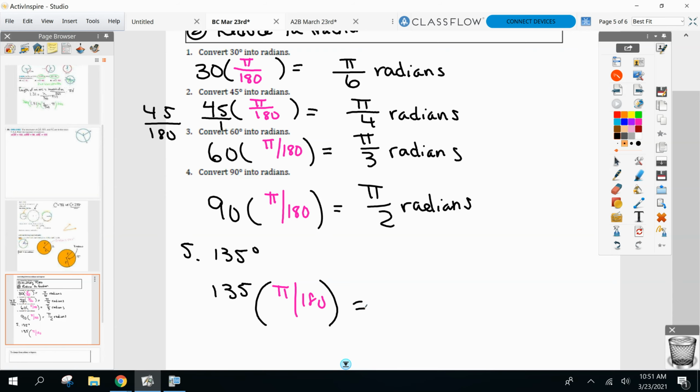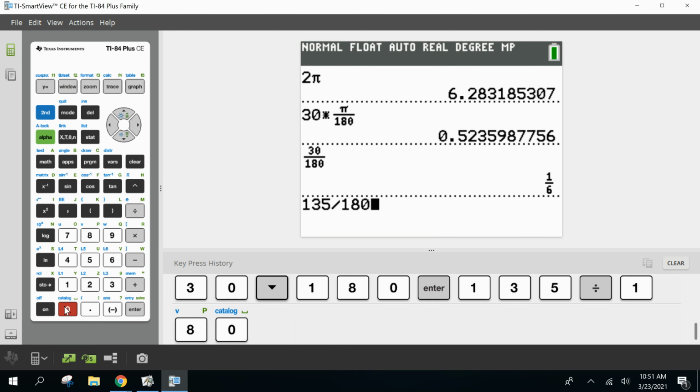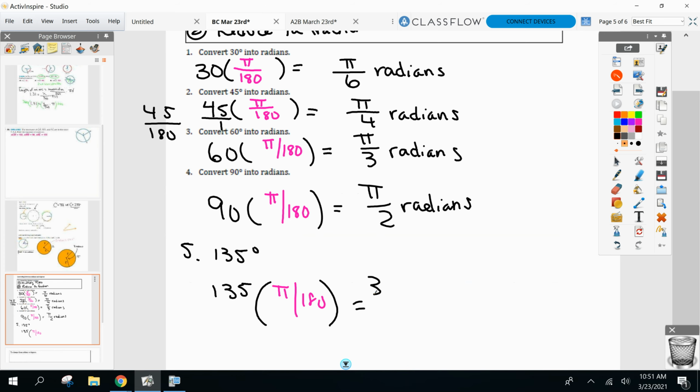And now I go, what's 135 divided by 180? 3/4. So this would turn into 3 pi over 4 radians.